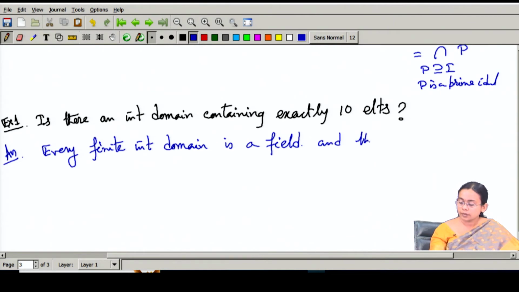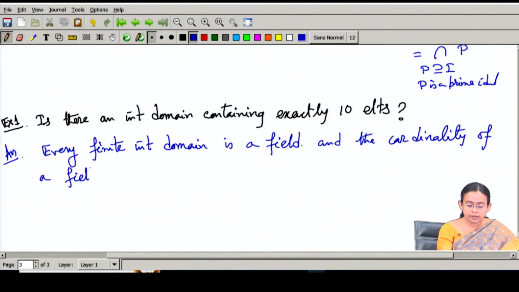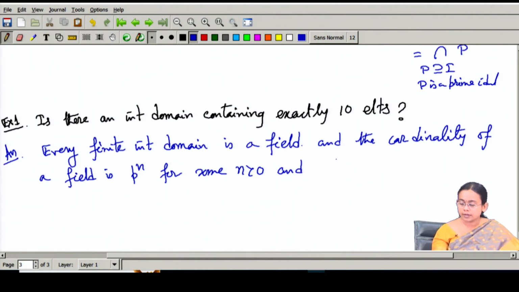The cardinality of a field is p to the power n for some positive n and some prime integer p. But 10 is not of the form p to the power n for any n, because 10 is just the product of 2 primes, 5 into 2. Therefore, there does not exist any integral domain with 10 elements.